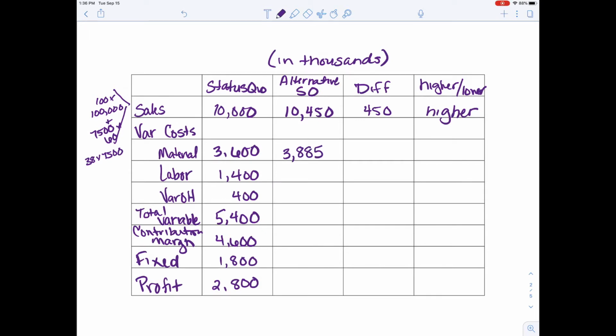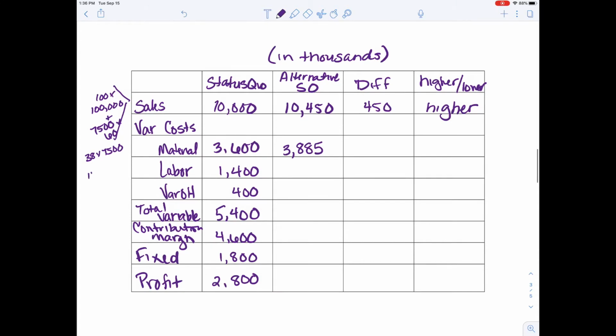My labor is still $14 per unit, so it doesn't change. I can then take 14 times the 107,500 for that alternative, which would give me 1,505. My variable cost is just $4. If I take that $4 times the 107,500, that will give me 430.